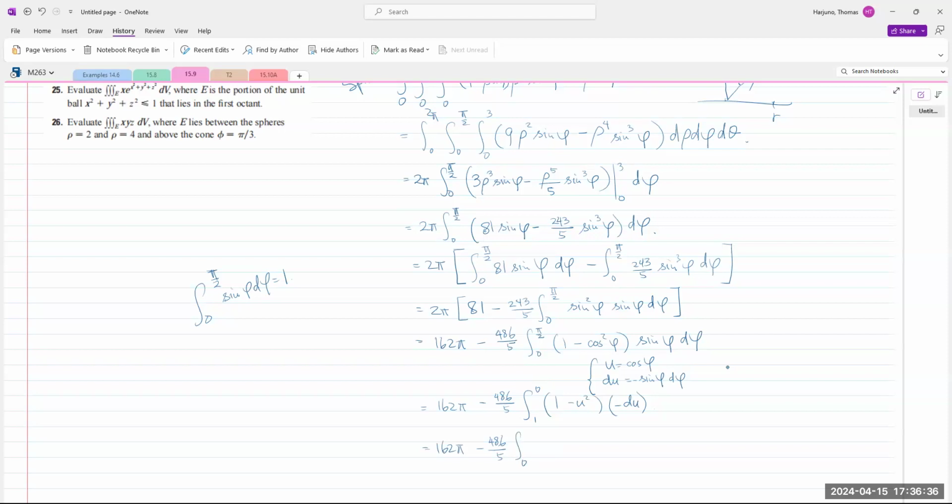It's the integral from 0 to 1 of 1 minus u squared du.